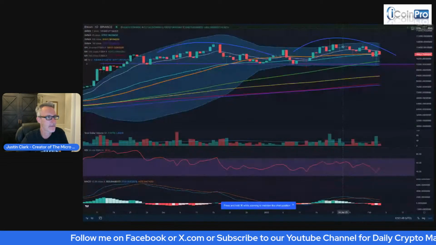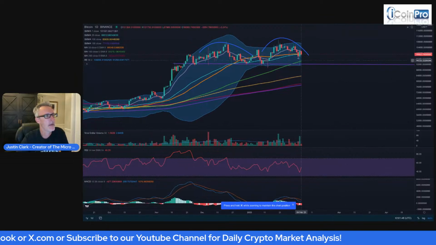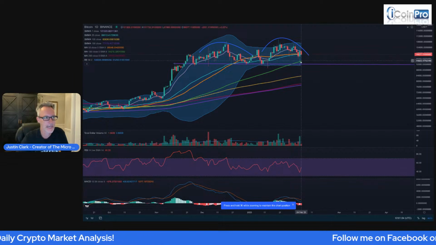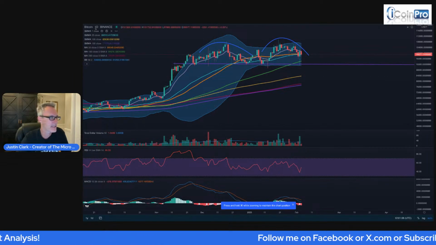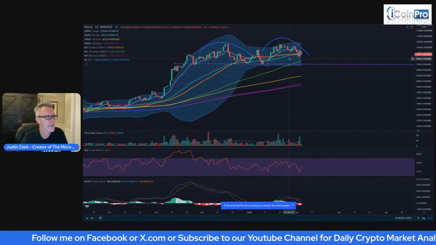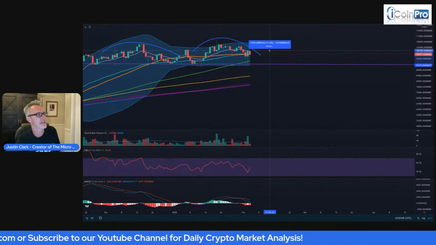Now, let's take a look at what we've got going on here. I'm going to explain a couple things for the new people. These red and green things are called candles. They show the price action over a period of time. In this case, we're looking at a 1-day chart. So every one of these candles represents an entire day's worth of trading. What a day of trading it was two days ago.